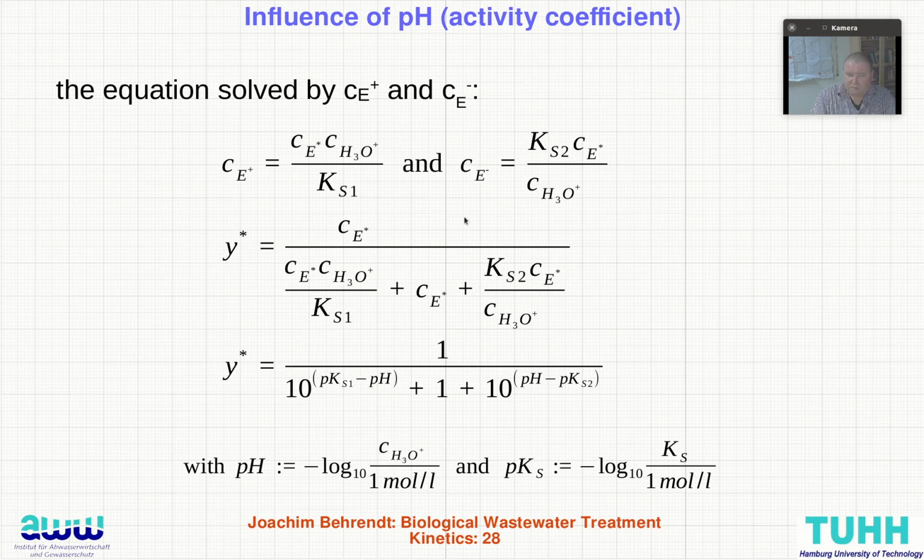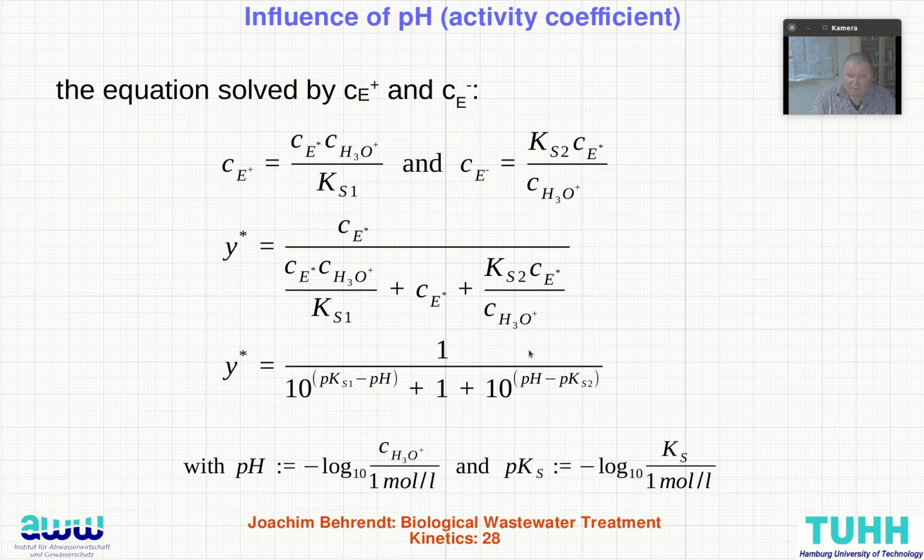And that is, we are mixing together, and then we can remove the concentration of the native enzyme and introduce the pH, which is the negative logarithm on the base of 10 of the concentration of H+ ions with respect to 1 mole per liter, and as well the pKs, which is the same as the Ks value, also with a unit of 1 mole per liter.